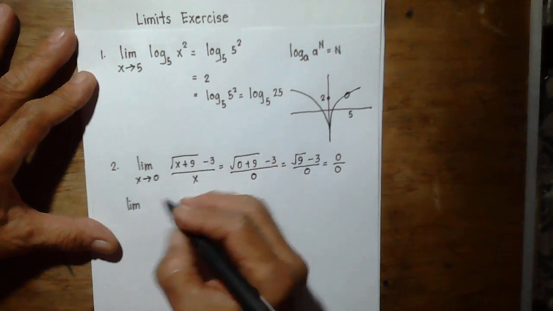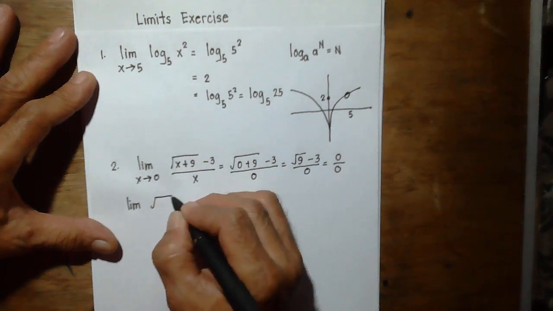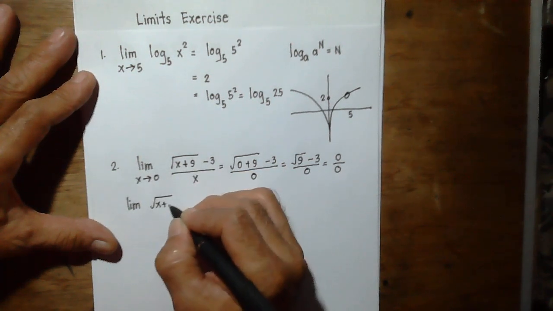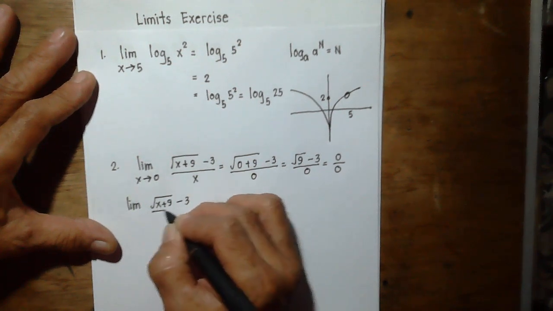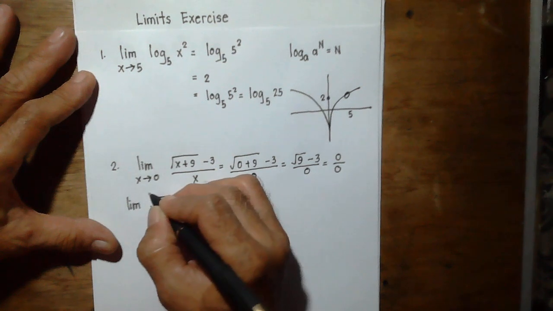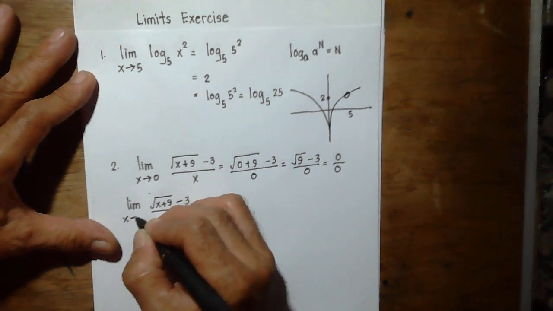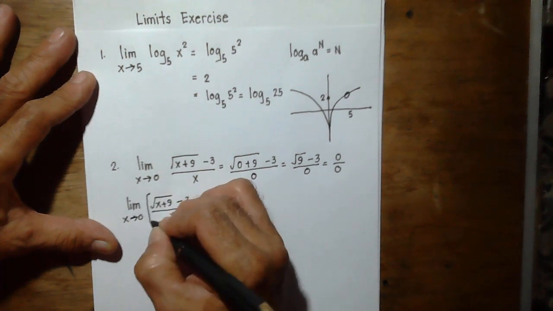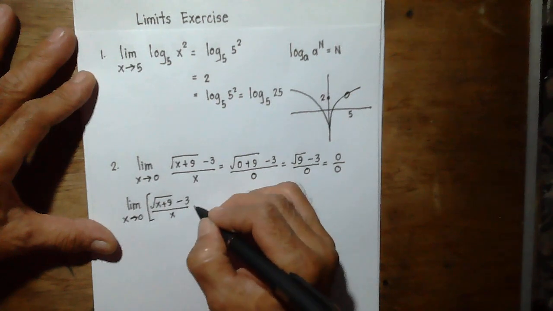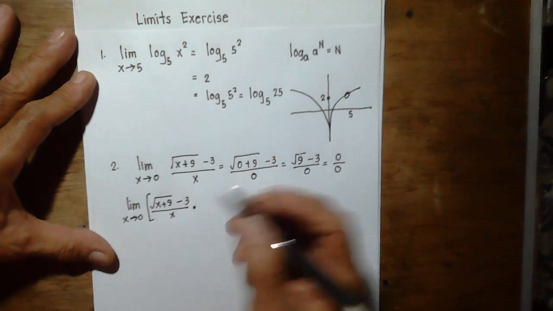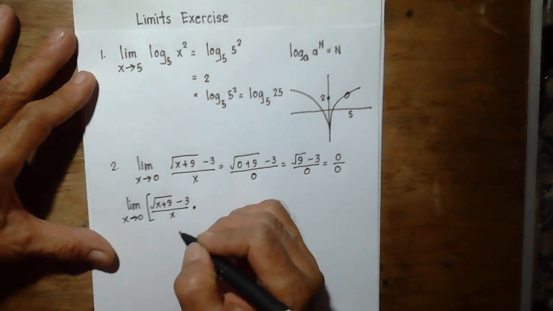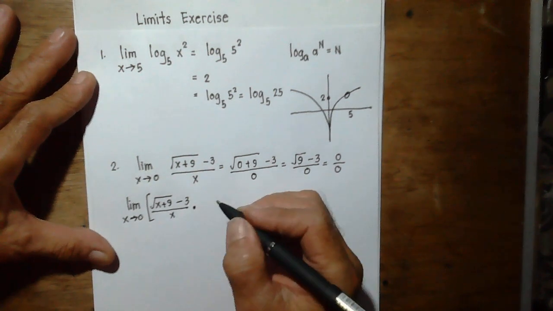We rewrite this limit as square root of x plus 9 minus 3 over x as x approaches 0. Now, again, as we have said, we multiply this whole fraction by the conjugate of the numerator.